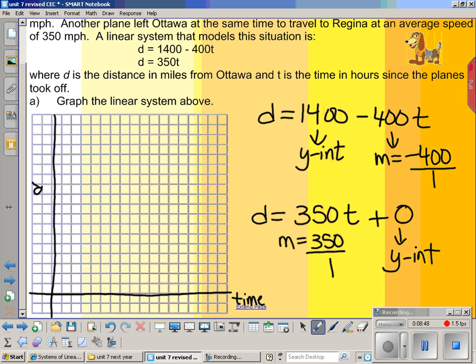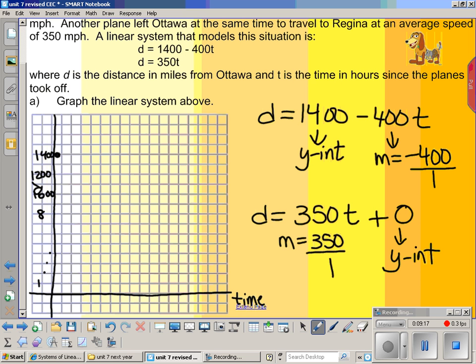All right, this would be 1,200, 1,000, 800, 600, 400, 200. All right, so we're at 1,400. We're going down 400 and we're moving over 1.